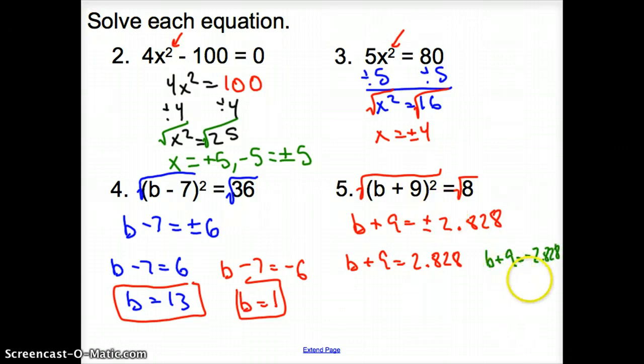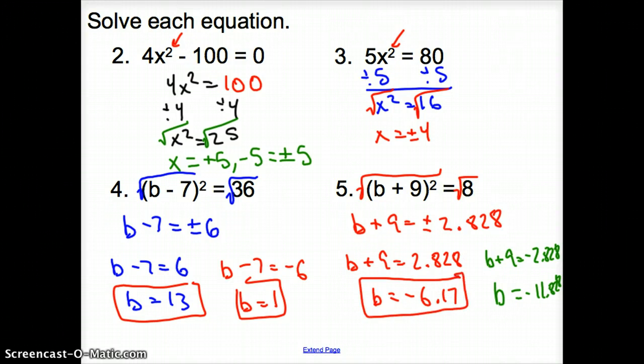Solving, we subtract the 9 over to get b equals a negative 11.828 as I'm running out of room. And then for the red, we subtract it over to get b equal to a negative 6.17. So my two answers here are my two solutions here and right there.